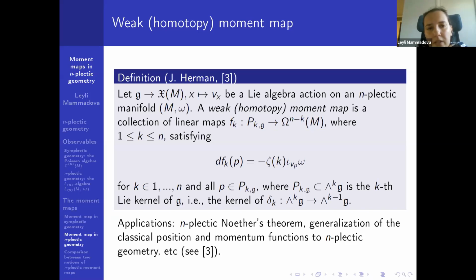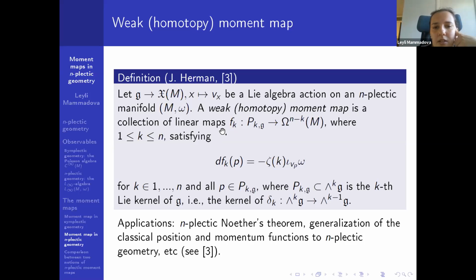So here's the other moment map in multisymplectic geometry that I wanted to tell you about. Let's first start from the definition, and then I'll tell you something a bit more. Again, the setting is the same: a Lie algebra acting on a multisymplectic manifold. A weak moment map, it's kind of a homotopy object, so it's a weak homotopy moment map.